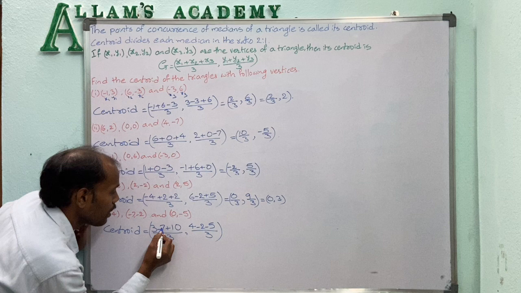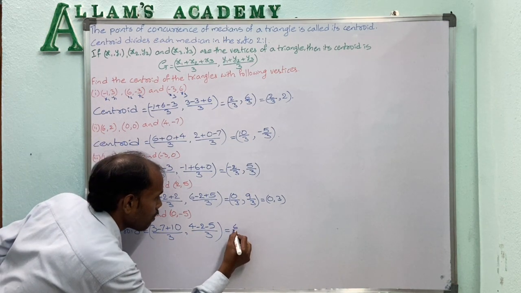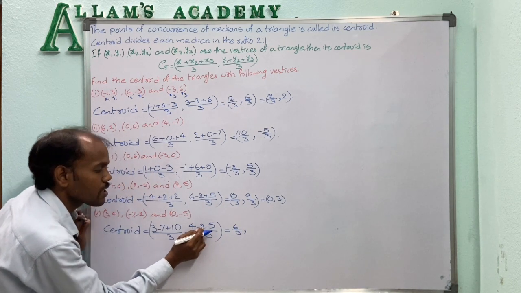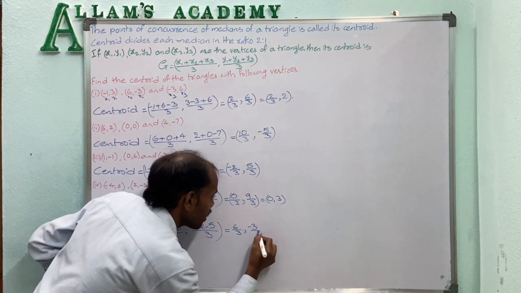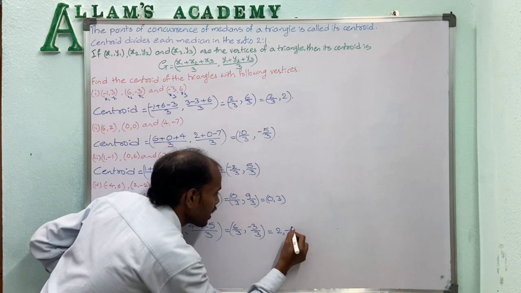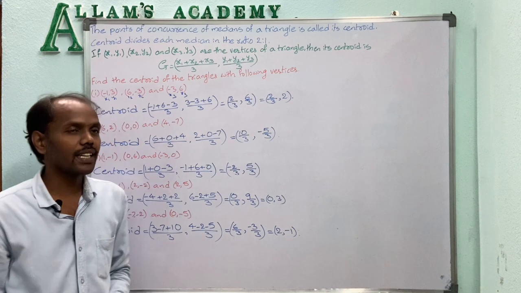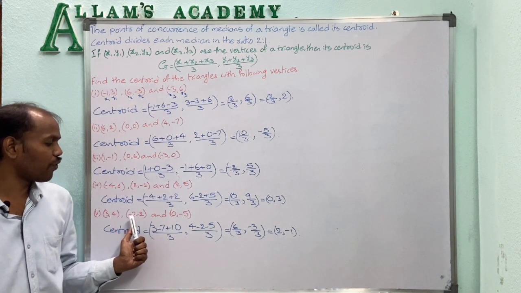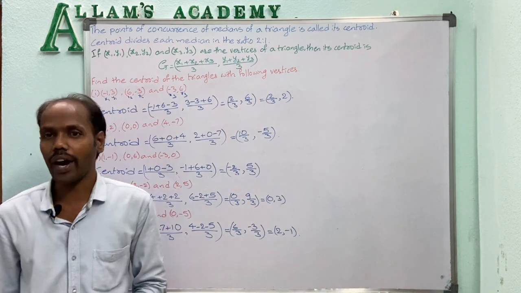So 10 - 7 is 3, 3 + 3 is equal to 6 by 3. Then -5 - 2 is -7, -7 + 4 is -3 by 3. 6 by 3 is equal to 2, -3 by 3 is -1. So (2, -1) is the centroid for the triangle formed by the vertices (3, 4), (-7, -2) and (10, -5).